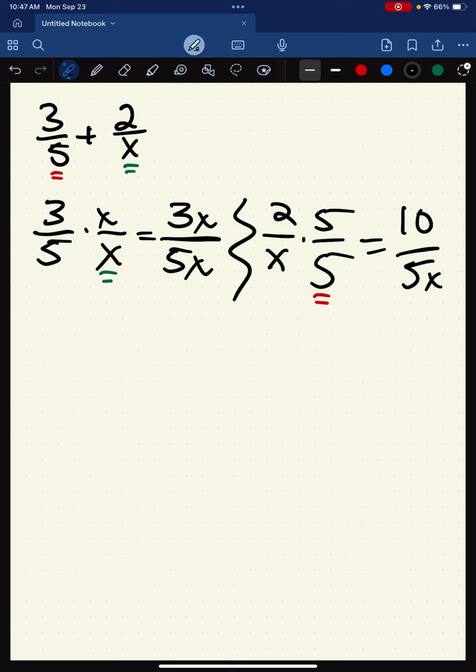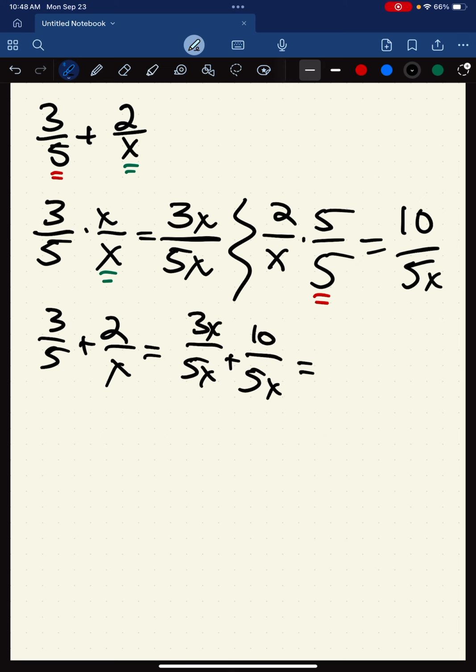But since we don't have that value for x, we can't do anything other than just get the denominator being the two denominators multiplied together. So we have 3/5 plus 2 over x is going to be 3x over 5x plus 10 over 5x, which is 3x plus 10 all over 5x.